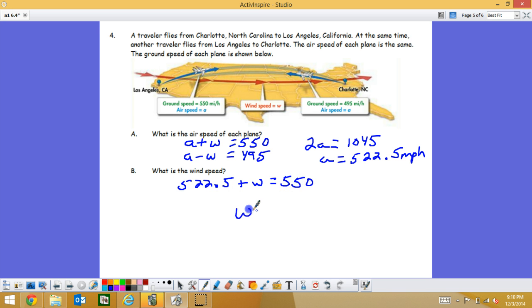So then the wind speed moving easterly is going to be 550 minus 522.5, and we end up with 27.5 miles per hour.